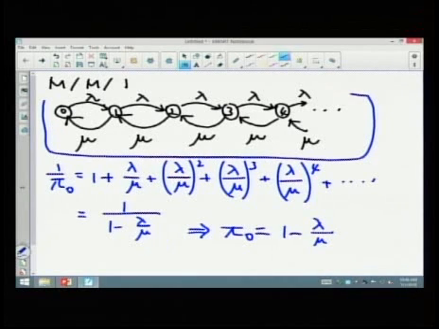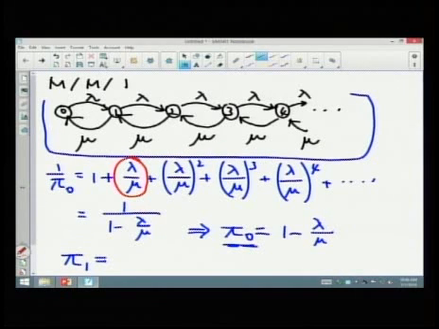Okay? Once you get pi 0, the other pi's can be easily obtained. For example, pi 1 is this times pi 0, right?